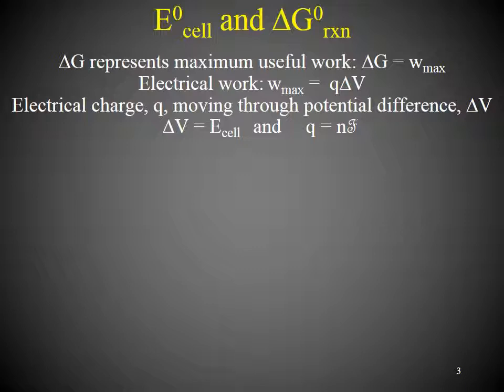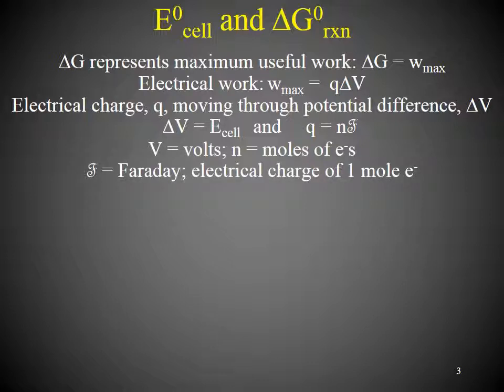Essentially the delta V is equal to the cell voltage, whereas Q is equal to N times Faraday's constant. The units of V are volts, N are the moles of electrons, and Faraday's constant is the electrical charge of 1 mole of electrons.